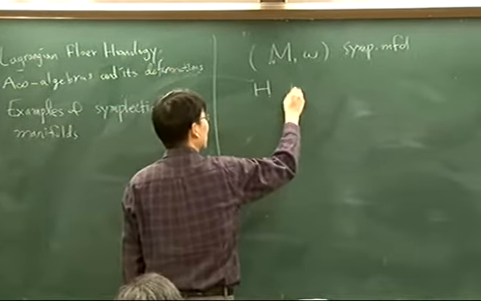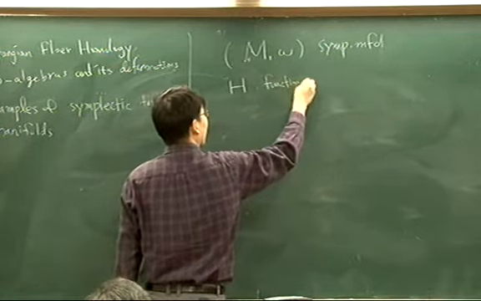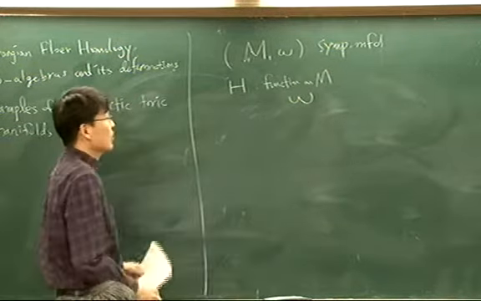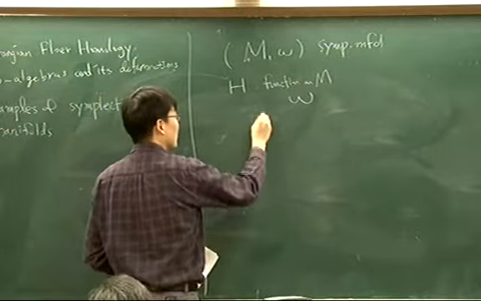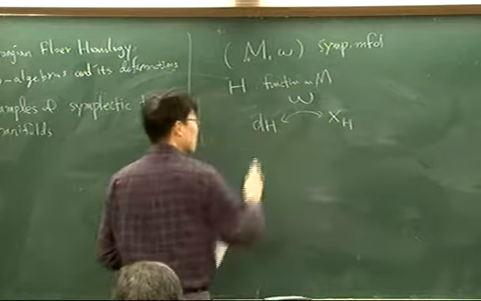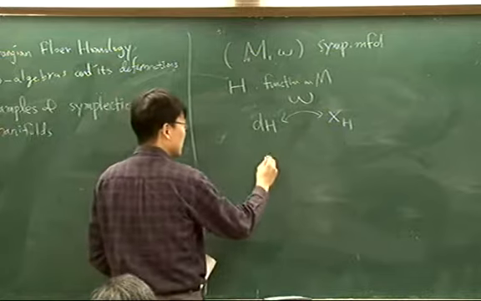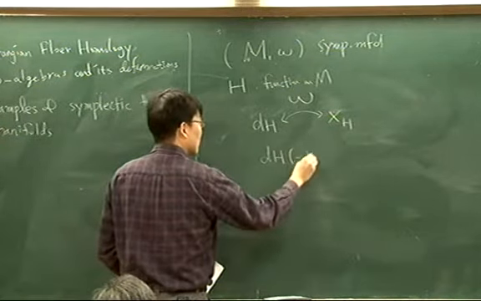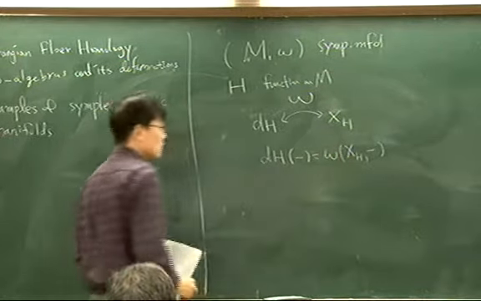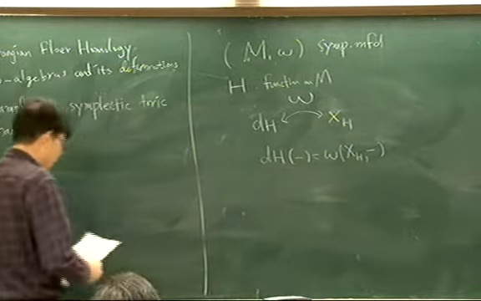If you have a function on M, then you can use the symplectic form to transform between vector fields and one-forms, because this is non-degenerate, and the precise formula is given this way. So if you plug in vectors, this should hold true.